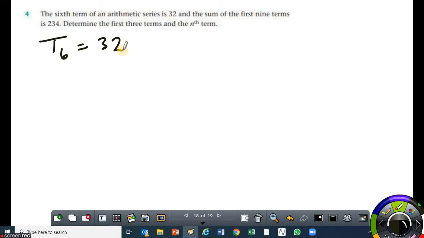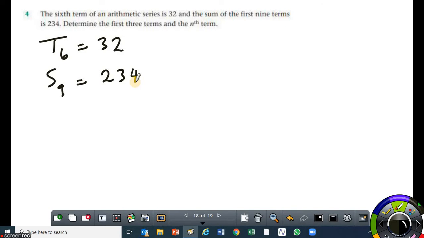When it says the sum of the first 9 terms, it means S9 is equal to 234. Determine the first 3 terms and the nth term. The nth term there is a general term.